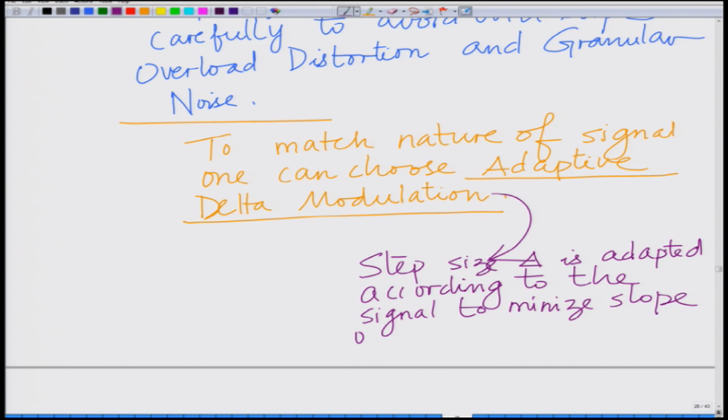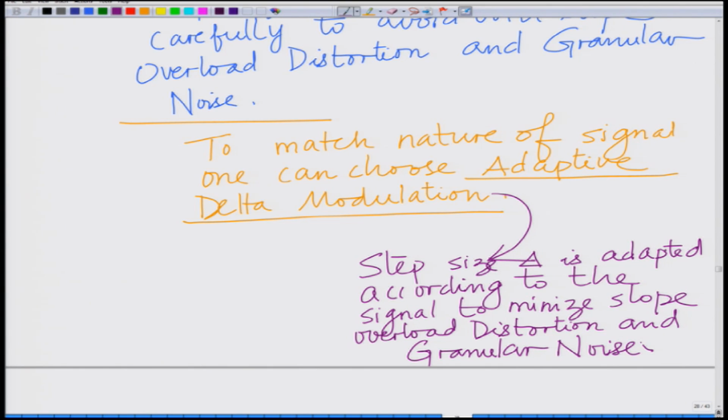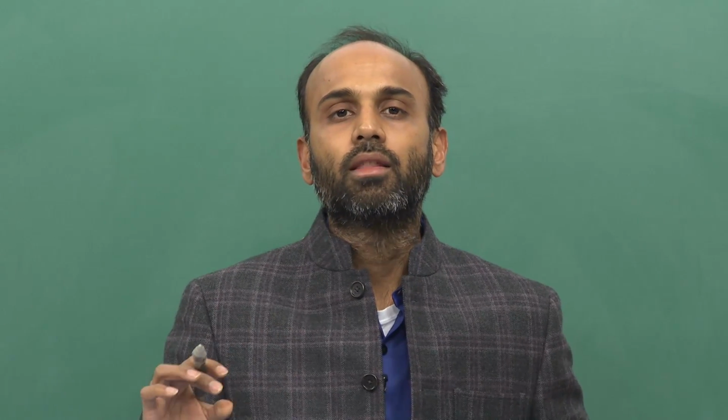to minimize both slope overload distortion and granular noise, which means basically if the signal is varying very rapidly, is rising or falling very rapidly, then obviously the delta must be made large.